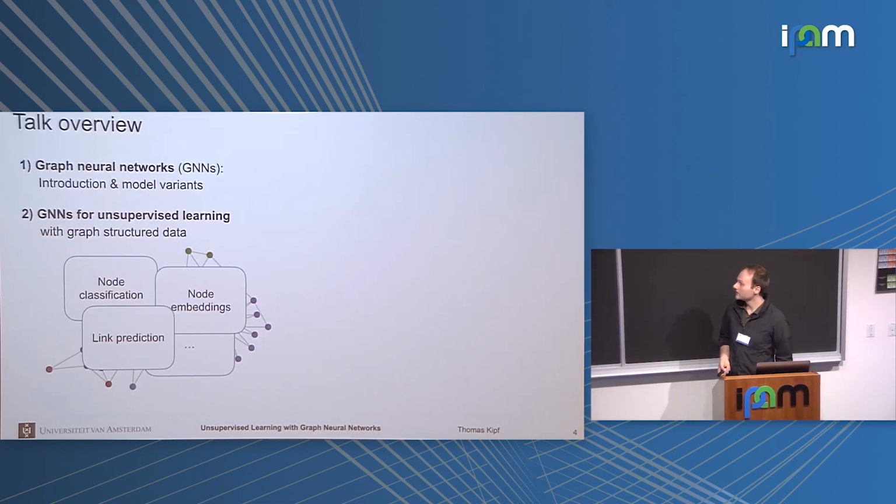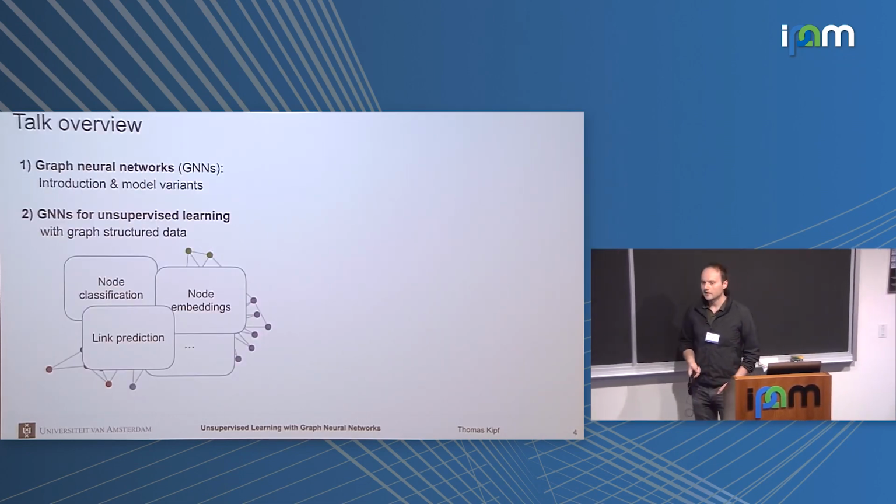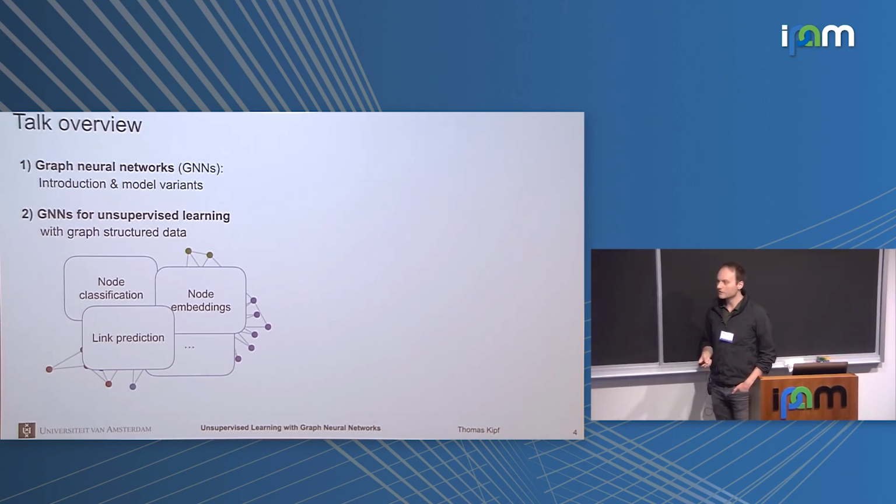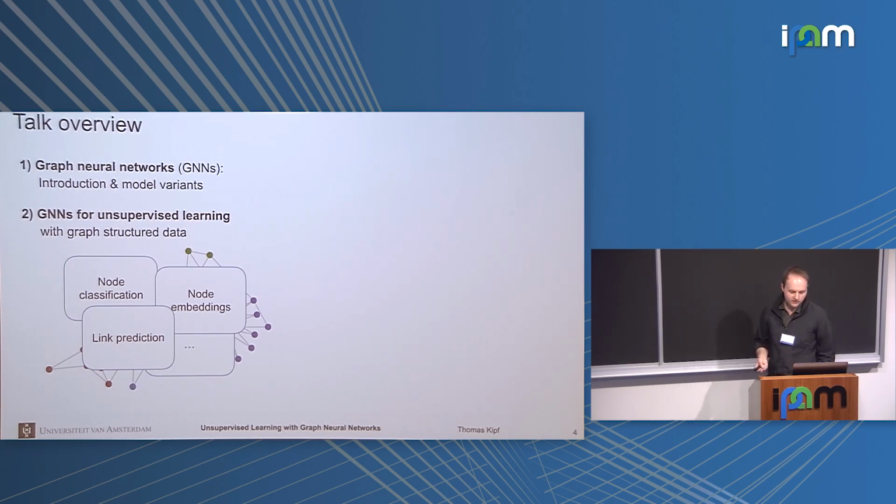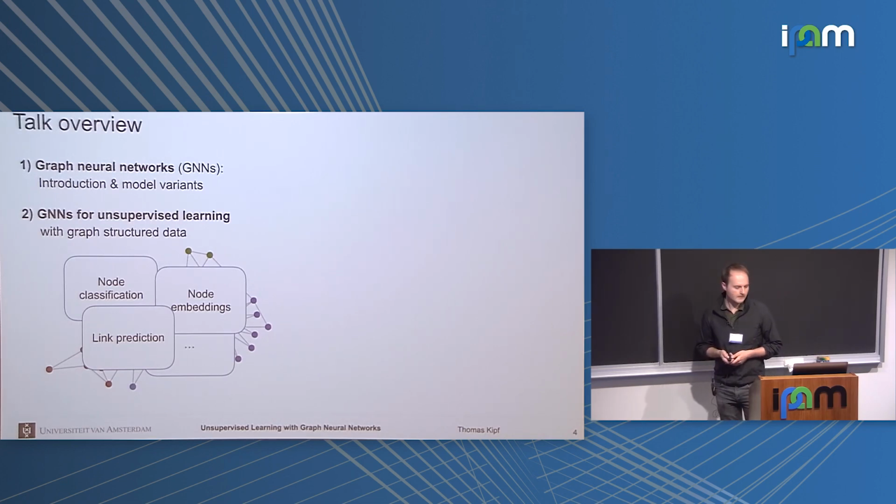In this talk, I'm going to start with a little bit of background on different variants of graph neural networks and their trade-offs if you want to use them in practice. Then I'm going to focus on graph neural networks for unsupervised learning with explicitly graph structured data. So let's say you're given a graph and you want to learn some representations on this graph. These representations, or node embeddings, could be useful for link prediction or node classification.